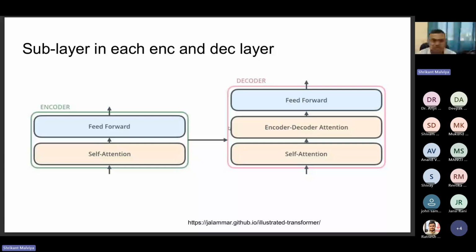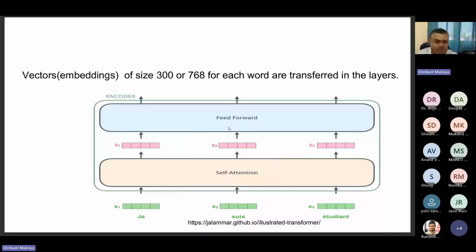So let's go ahead and wrap it up. What is happening here? Let's discuss from scratch how the input is taken and processed by various layers. Each token, each word in the input, is first converted into a word embedding with the addition of the positional encoding.